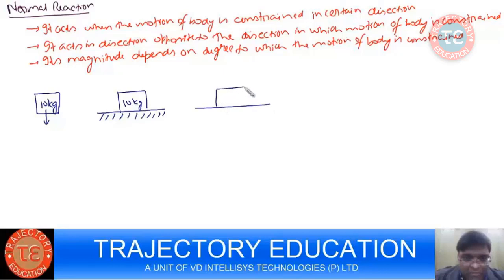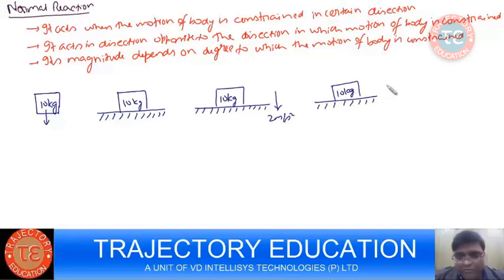I have the same body of mass 10 kg moving in downward direction along with the surface by, say, an acceleration of 2 meters per second square. Now I have the body of 10 kg mass along with this floor moving upward with 2 meters per second square. Right. I have these 4 cases.